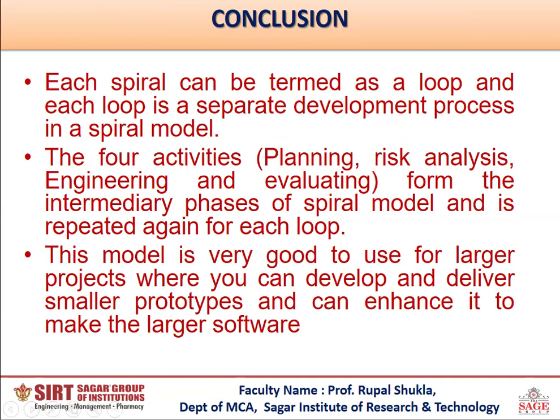This is the conclusion of the spiral model. Each spiral can be termed a loop, and each loop is a separate development process in the spiral model. The four activities, planning, risk analysis, engineering, and evaluating, form the intermediary phases of the spiral model and are repeated again for each loop.